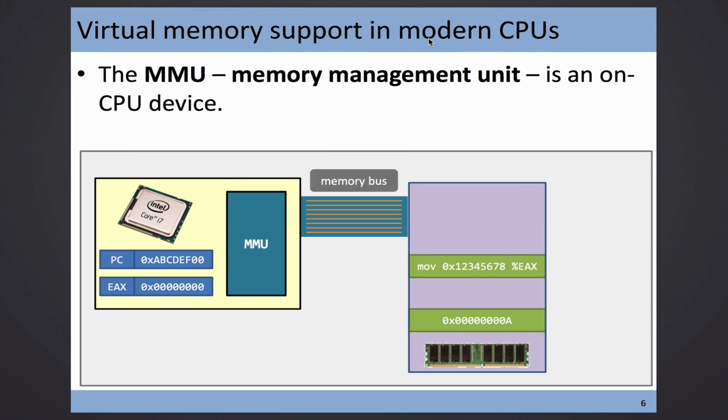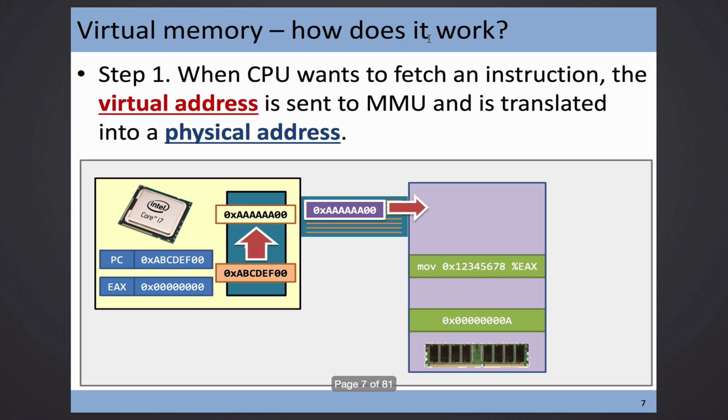What the MMU is doing is very easy. It's a table lookup engine, an engine for table lookup. Let's say you are asking for the PC, program counter. The program counter points to the instruction, and the instruction address is within the user space memory. In the user space memory there is a process.